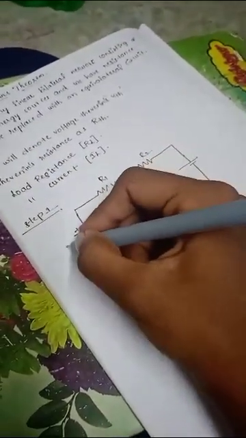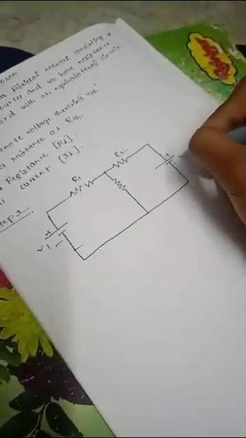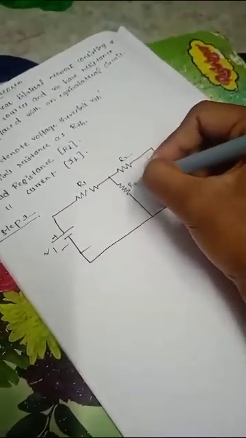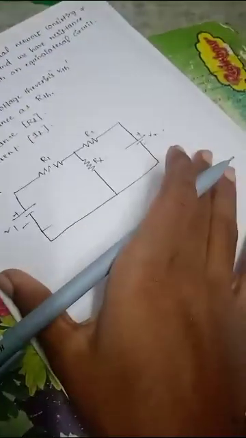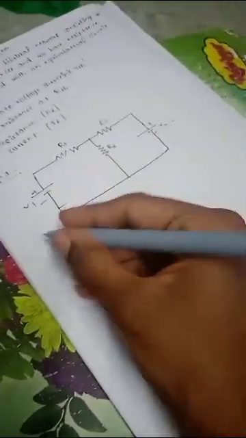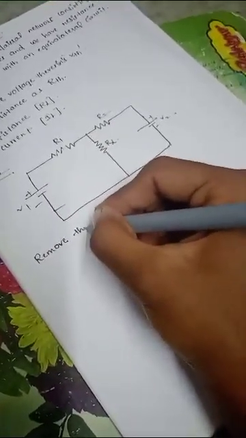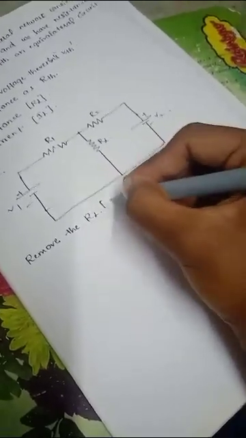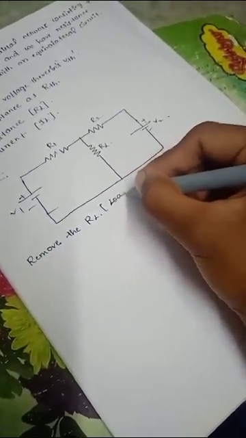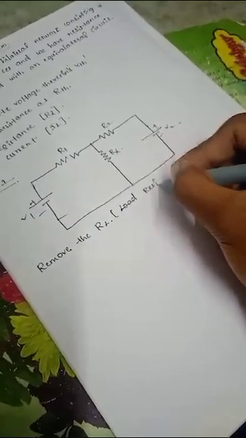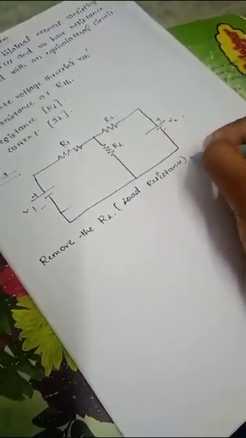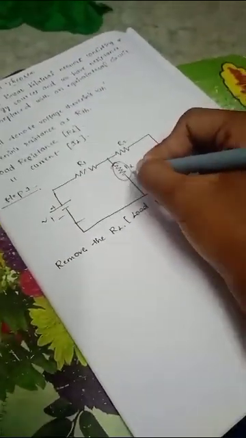These both are resistances, and we have two terminals with V1 and V2, and this is denoted as RL. So in the first step, we draw the original circuit, and then we have to remove the RL, the load resistance. We have to remove this part.